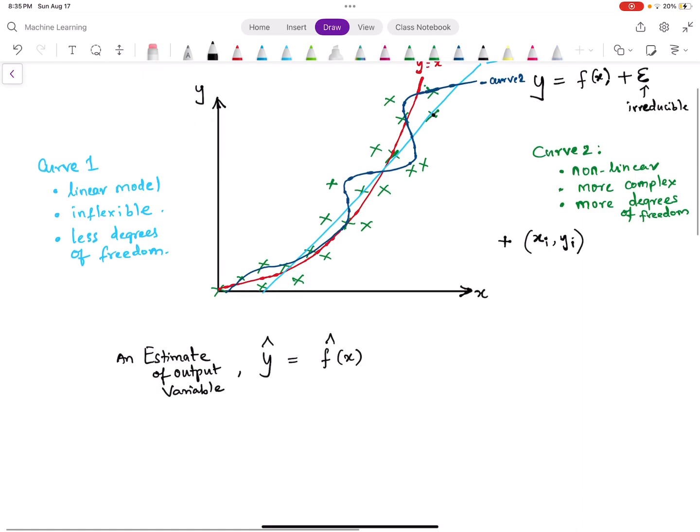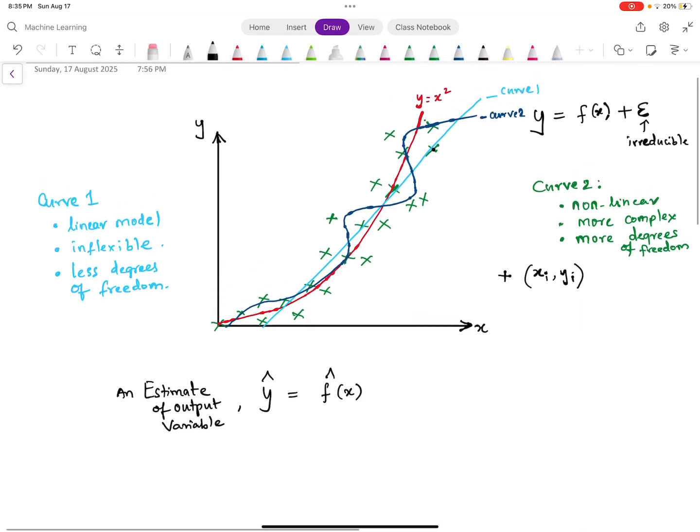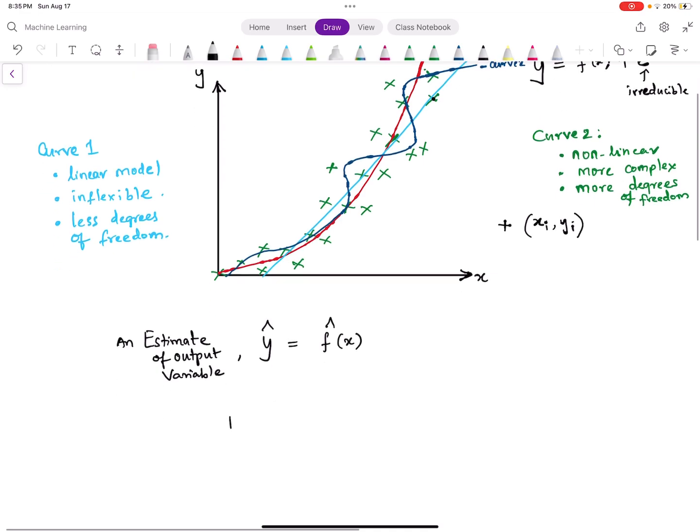We normally define the test error as the expectation of the difference between the true label, or the true output variable, and the estimated variable, squared.